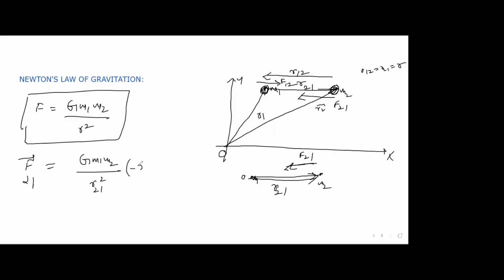That's why we mention a unit vector for direction. Opposite to the r21 unit vector is minus r21 cap. r21 is like this, r21 cap also like this, and the force is opposite to this one. That's why minus r21 cap.